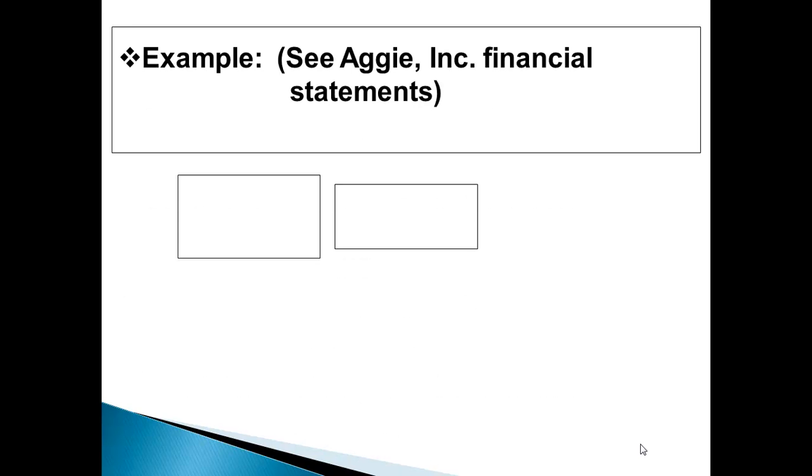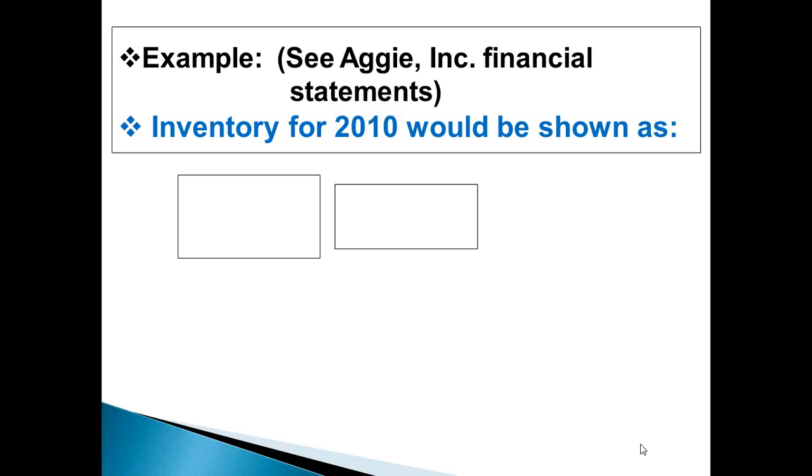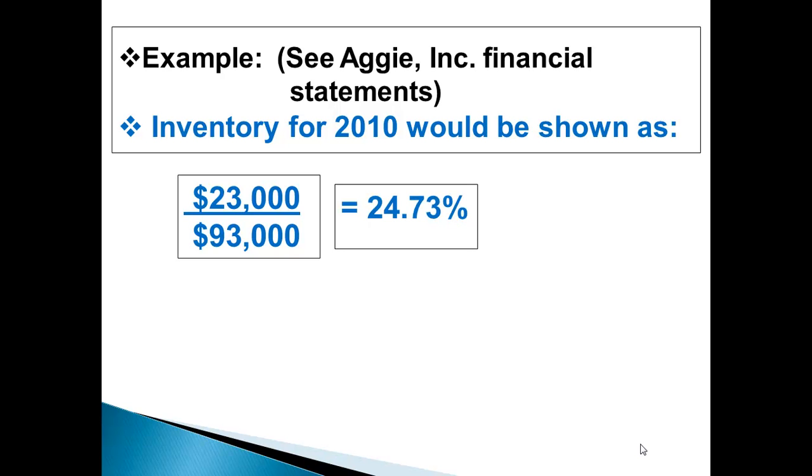So if we look at Aggie Inc. financial statements and we look at inventory, the inventory account shows a balance of $23,000. Total assets in 2010 are $93,000. So inventory is 24.73%.